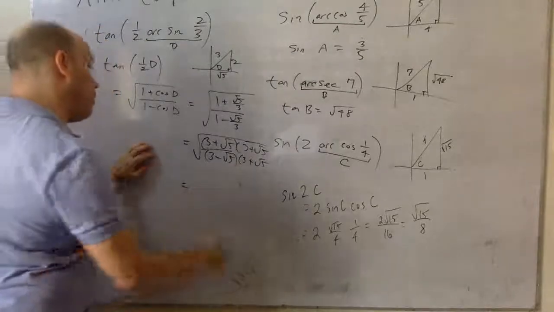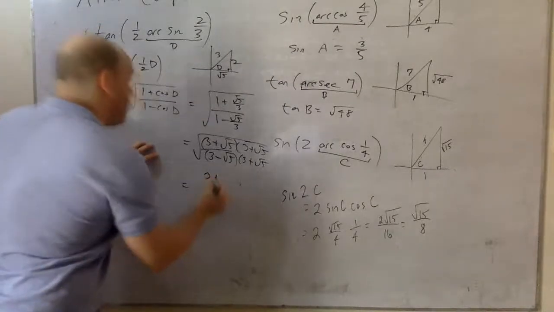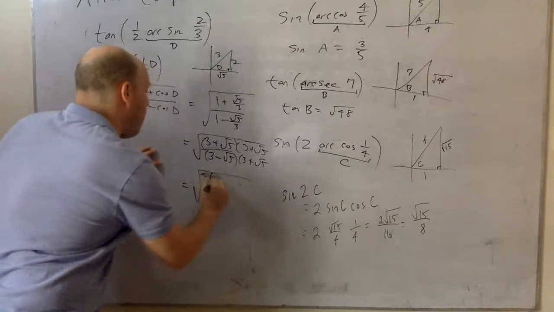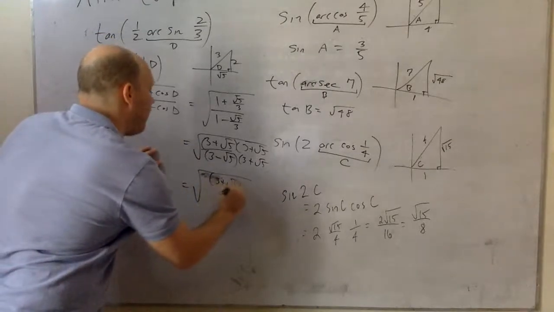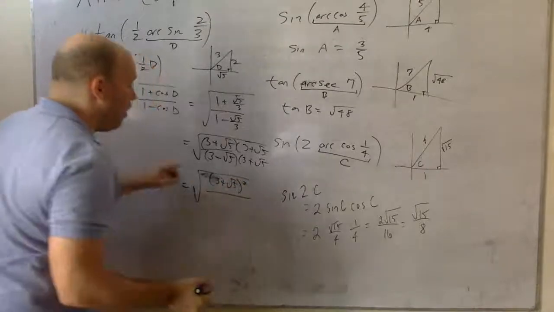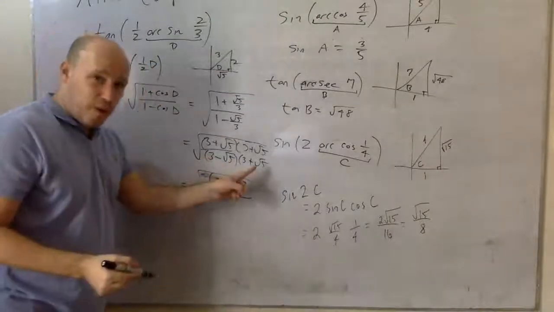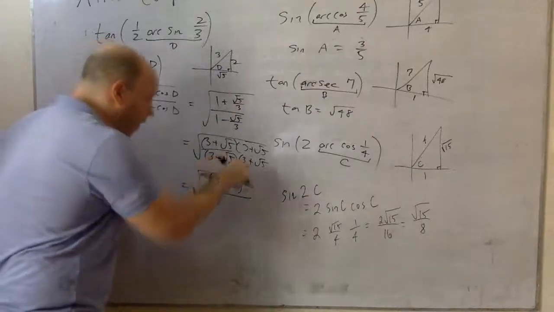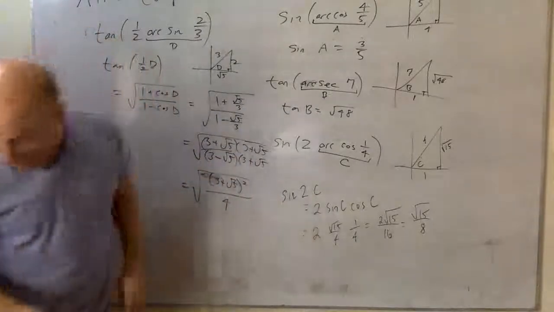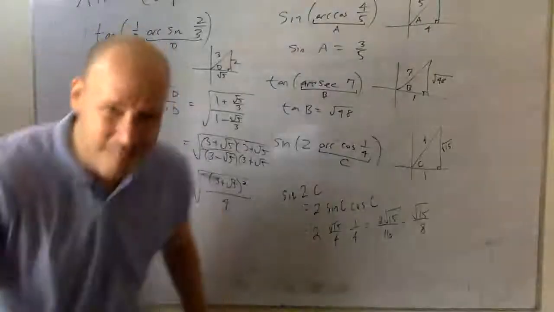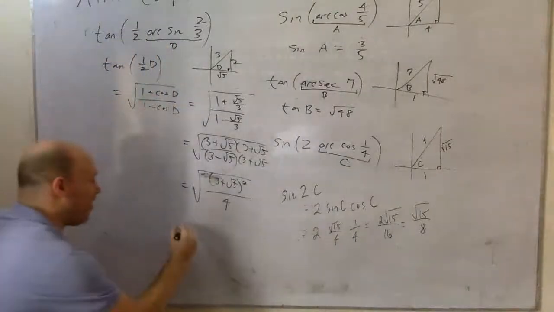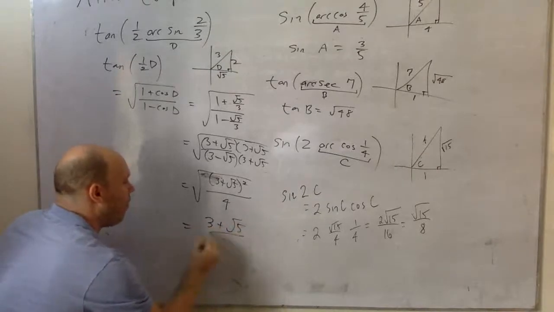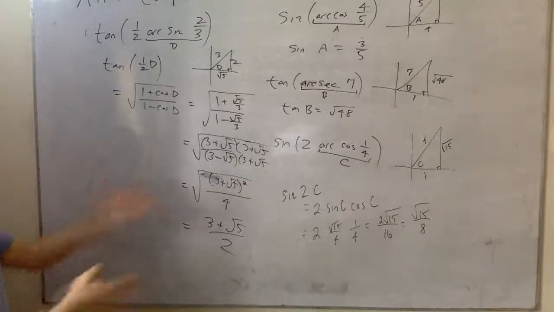This is equal to the square root of (3 plus radical 5) squared over, remember, the difference of two perfect squares, 3 squared minus radical 5 squared, so it's 9 minus 5, which is 4. Final answer: 3 plus radical 5 over 2.